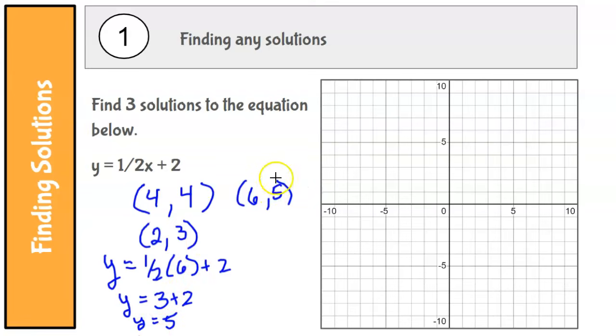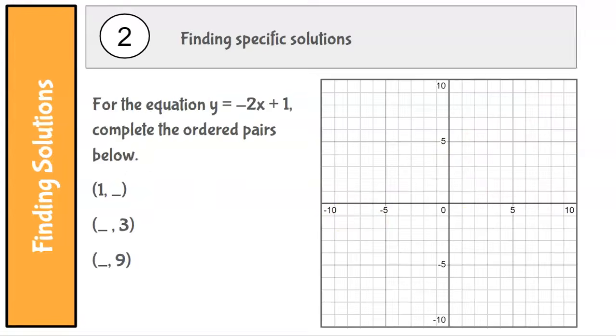Okay, so again, if I put 6 in for x and 5 in for y, I'm going to get a true statement. It's going to say 5 equals 5. Okay, so let me graph those points, and you can see 2, 1, 2, 3, and then 6, 5. There's my line. Do you see that? There's my line. All right, moving on.